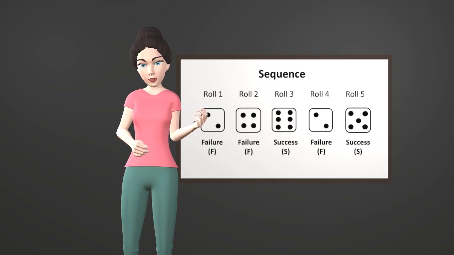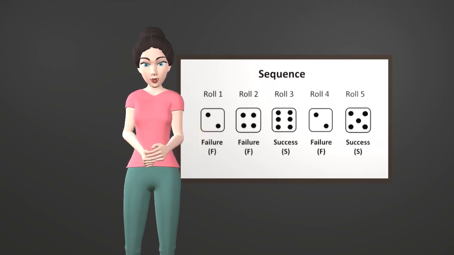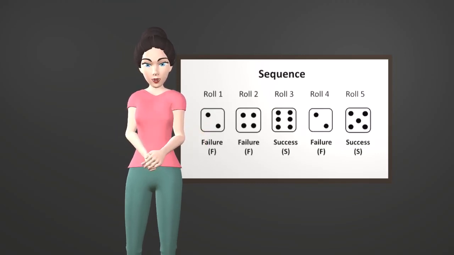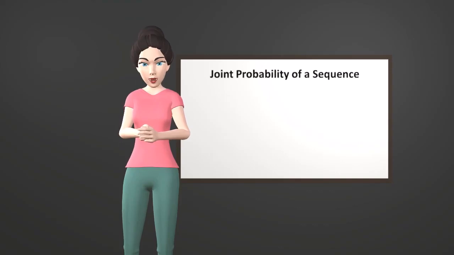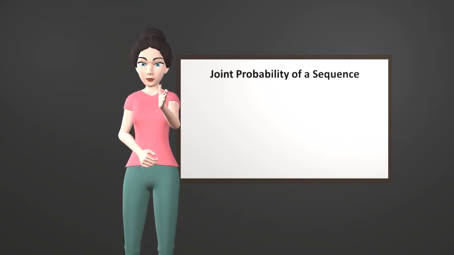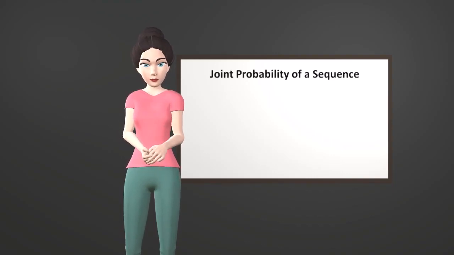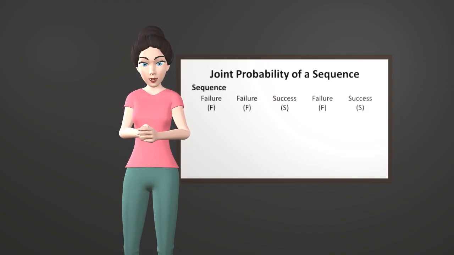A sequence, like the previous example, has a probability of occurring, which is called the joint probability of a sequence. This can be found by multiplying the probabilities of each individual event. Let's take the previous example. We had failure, failure, success, failure, success.